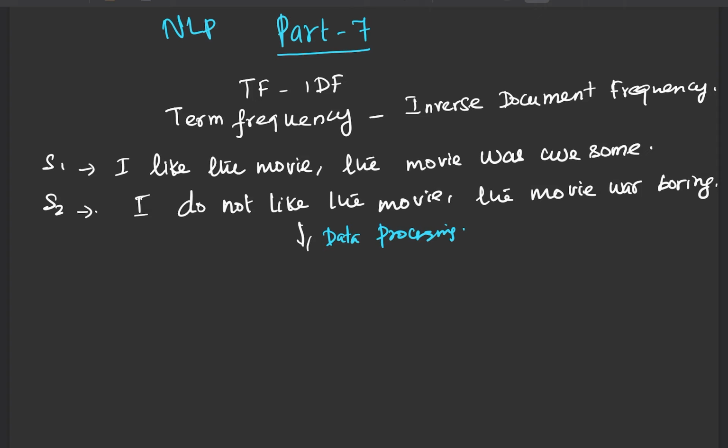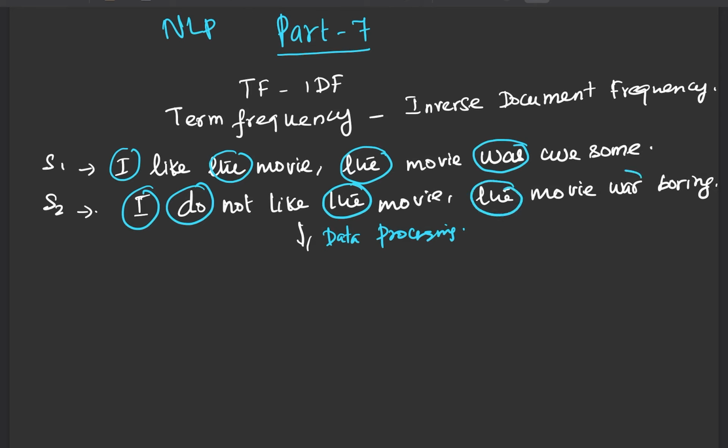After doing those, the words I, the, was, I, do, these words will get removed. These are not required for our sentiment classification. We are trying to see whether it is a positive sentiment or a negative sentiment.